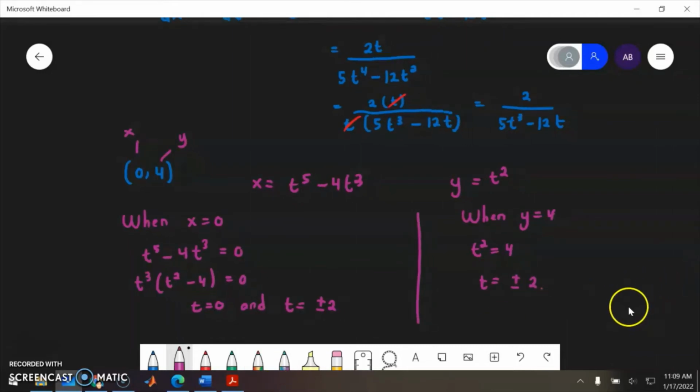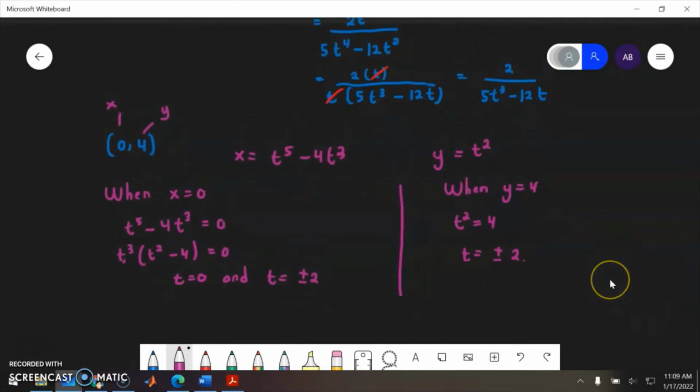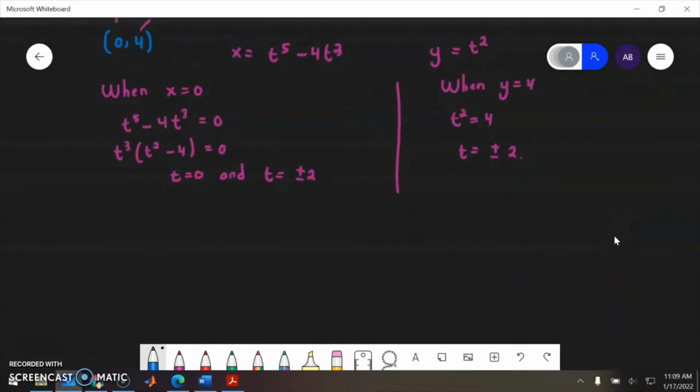So now we have obtained two values of t. Remember, this is our derivative, dy/dx. The values of t are t equals 0, 2, and minus 2. So what happens when t equals 0? Let's check.